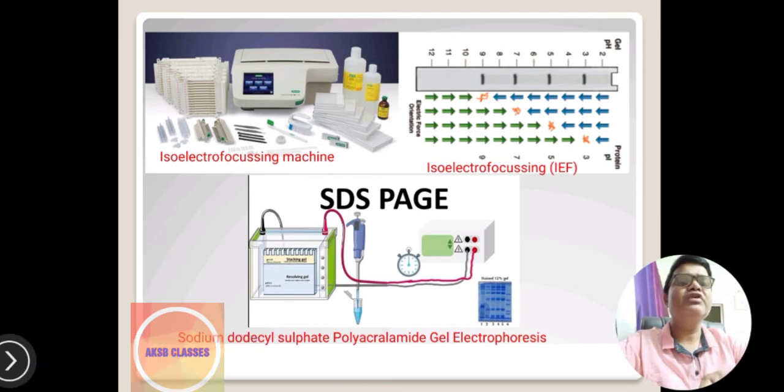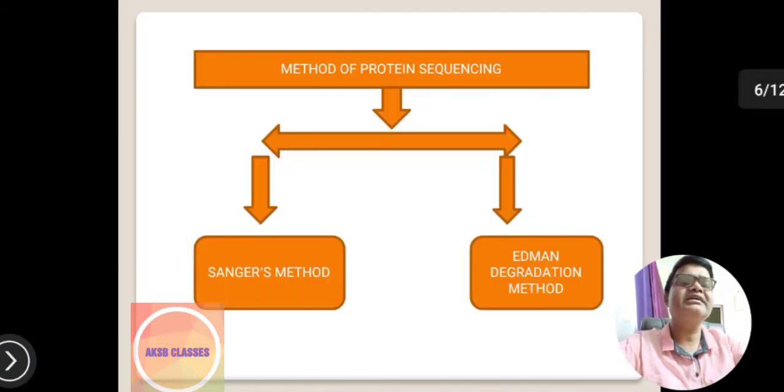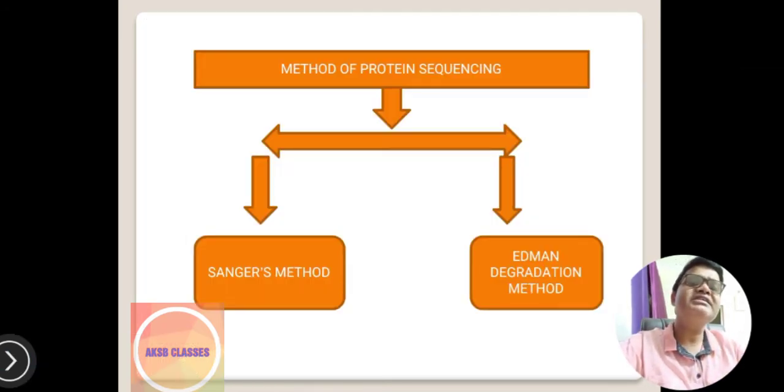Now I am going to discuss the next technique, that is protein sequencing. What are the different methods of protein sequencing? Sanger got the Nobel Prize in the field of molecular biology and biotechnology for DNA sequencing, but he also did protein sequencing.